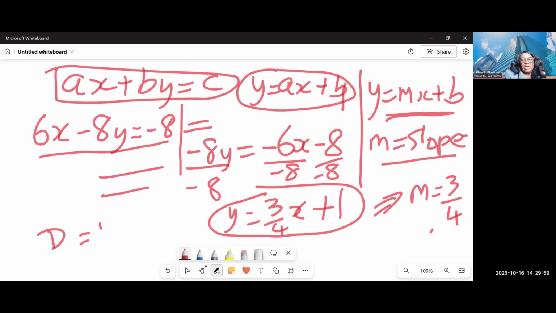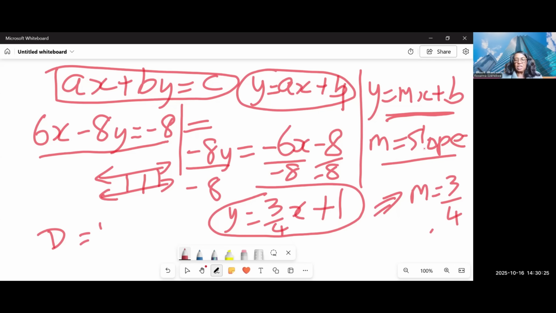The distance between them will be the same. So if two lines are parallel, they will have different y-intercepts and equal slopes. So parallel lines have equal slopes.